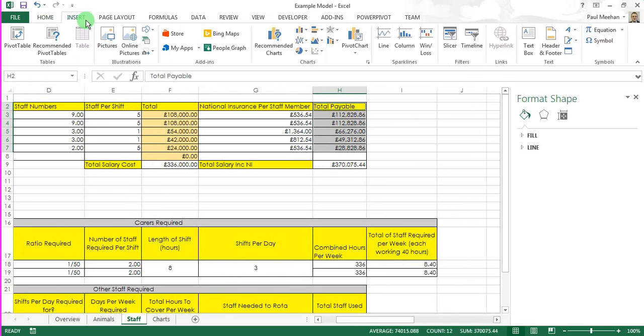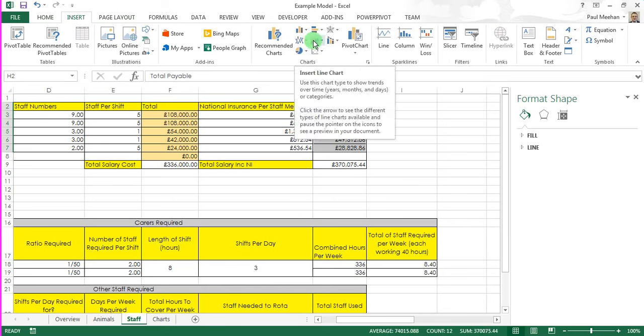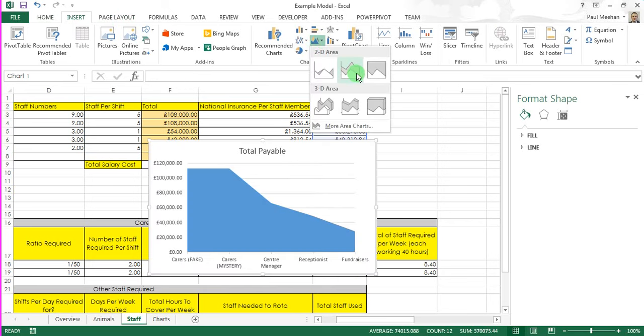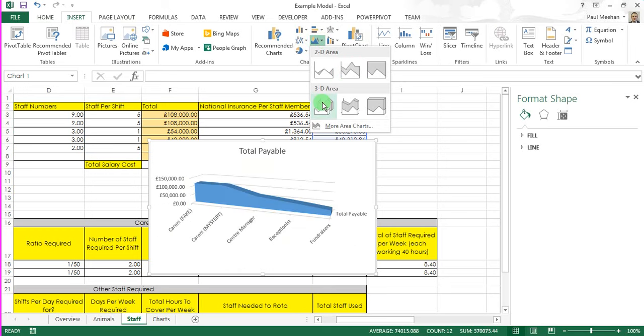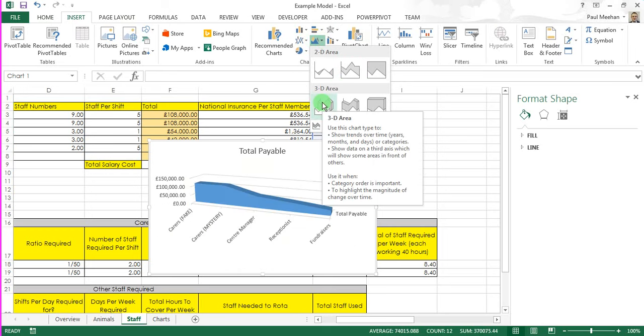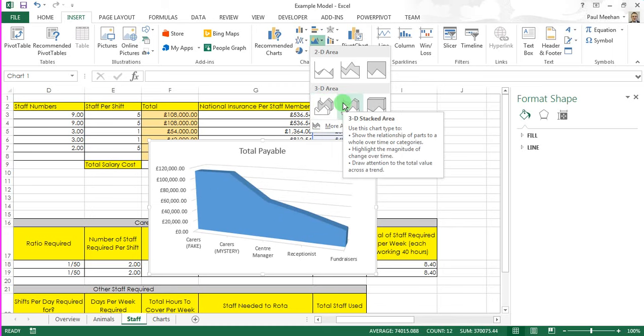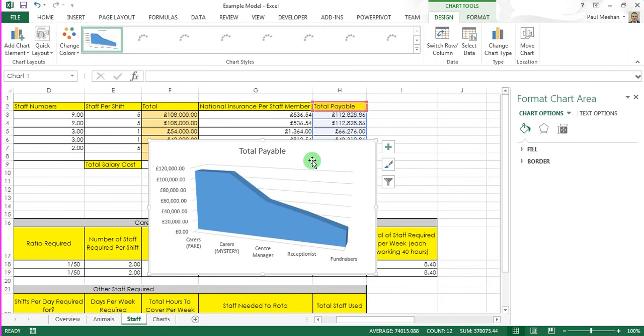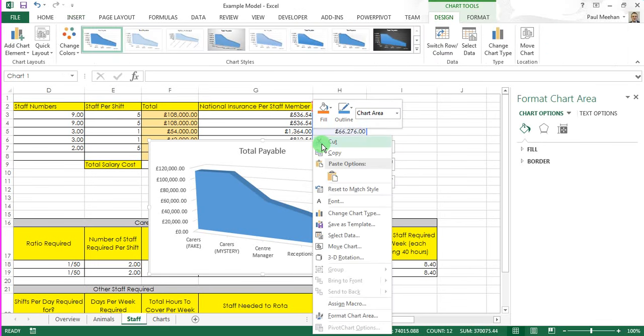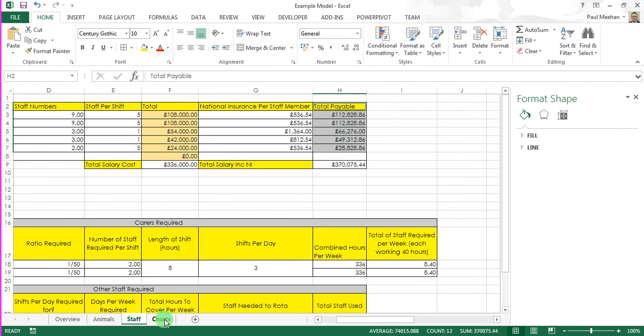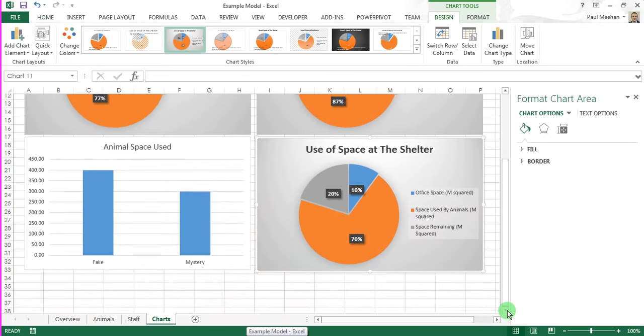So insert, and it'll give you a chart. Actually, we're spending most of our money on the carers for the animals.